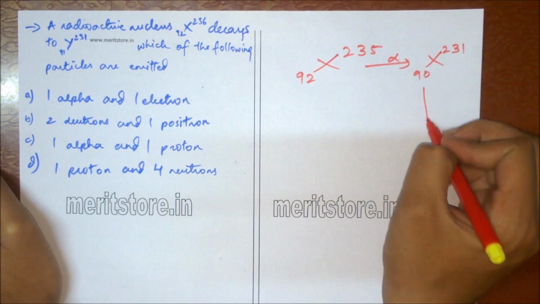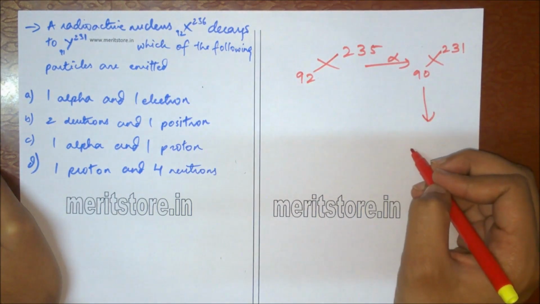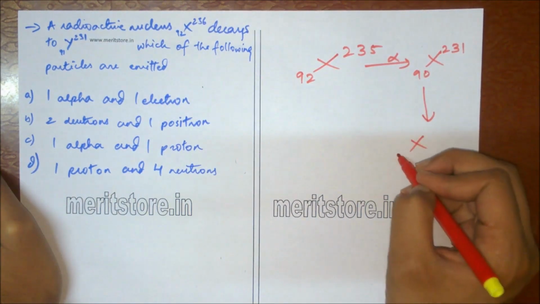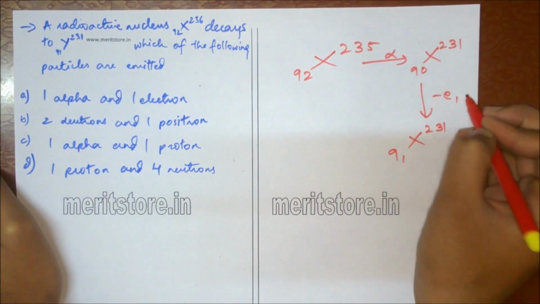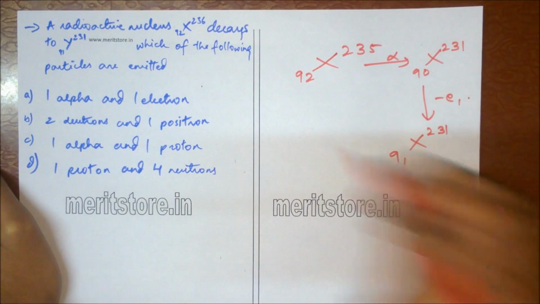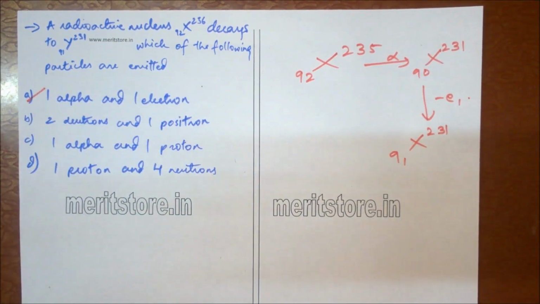So releasing an alpha particle increases the atomic number. So X will become 91 and 231 by releasing an electron. So option A is the correct answer.